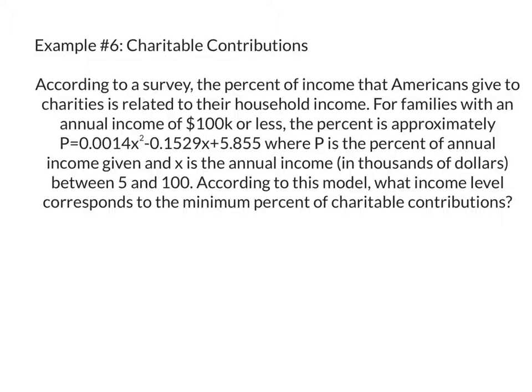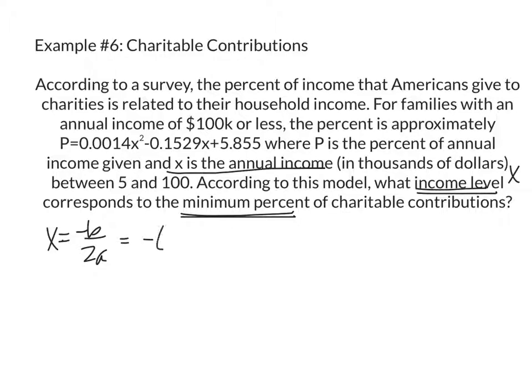So to find the minimum percent, first of all, when they ask for the income level, that corresponds to X, which is the annual income. So if we're talking about the income level, and then it's asking what percent, meaning the minimum percent, again, this question is asking, well, hey, find what your minimum value is if we were to find the vertex of this parabola. So for us, again, X equals negative B over 2A.